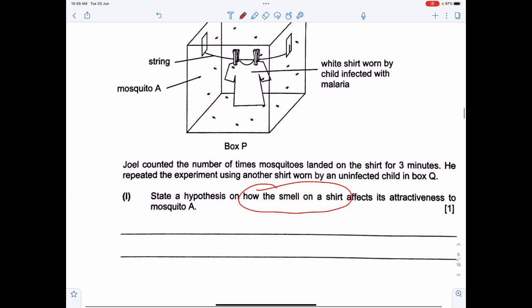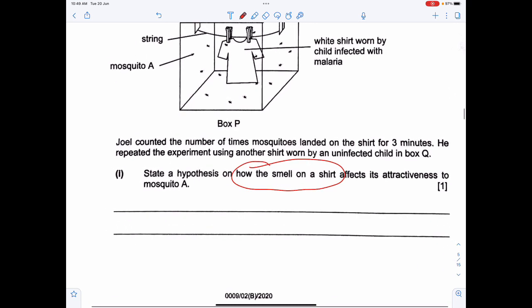So remember, a hypothesis is not an aim. A hypothesis just tells you what you think it is. Right? So what's the change variable? The change variable is actually this one: smell. Right?